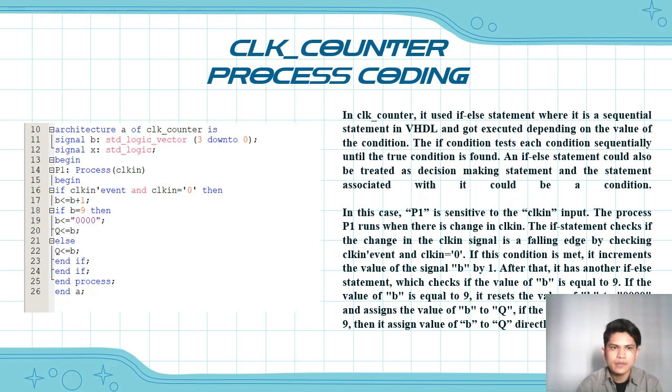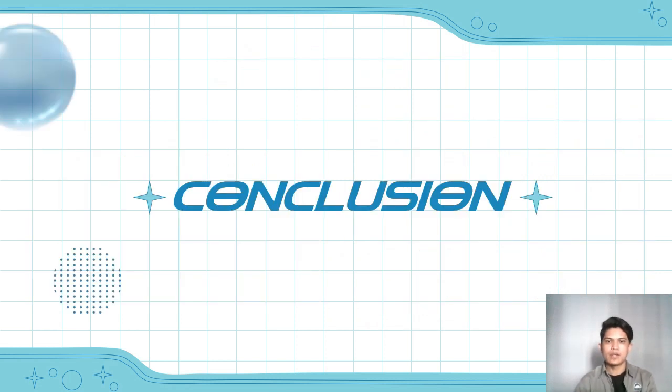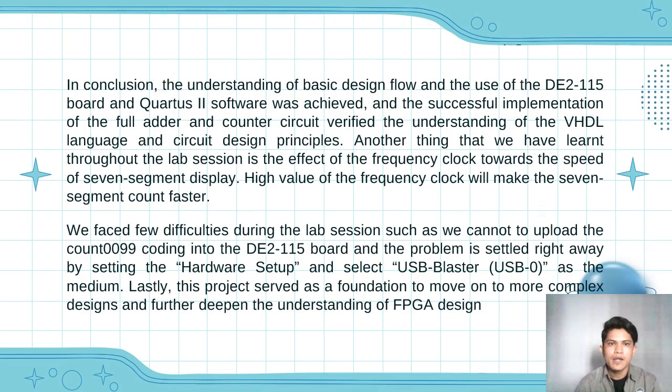Then it resets the value of B to 0000 and assigns the value of B to Q. Else, if the value of B is not equal to 9, then it assigns the value of B to Q directly.